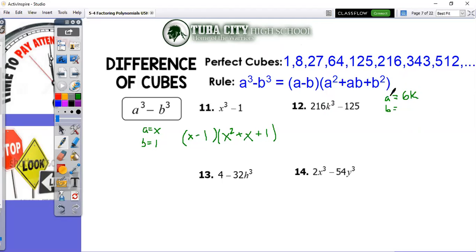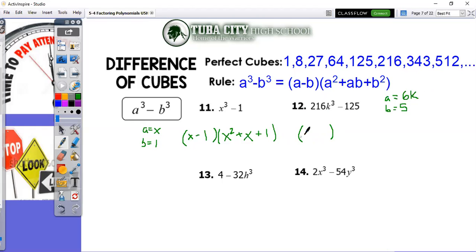So when you're looking at these A's and B's, you're talking about the whole term. This whole thing is your A value. And for B, we only have one number, that is 125. So that's going to be 5, because 5 times 5 times 5 is 125. All right, so let's go ahead and put this together now.